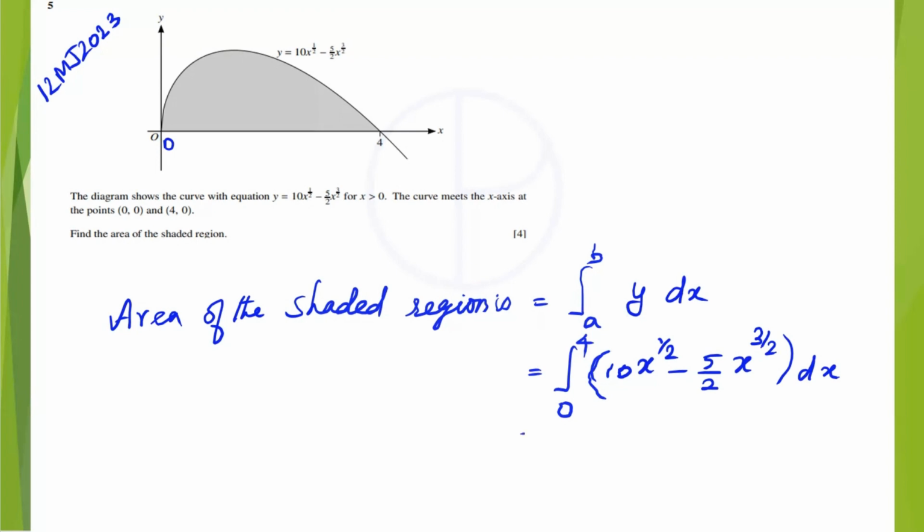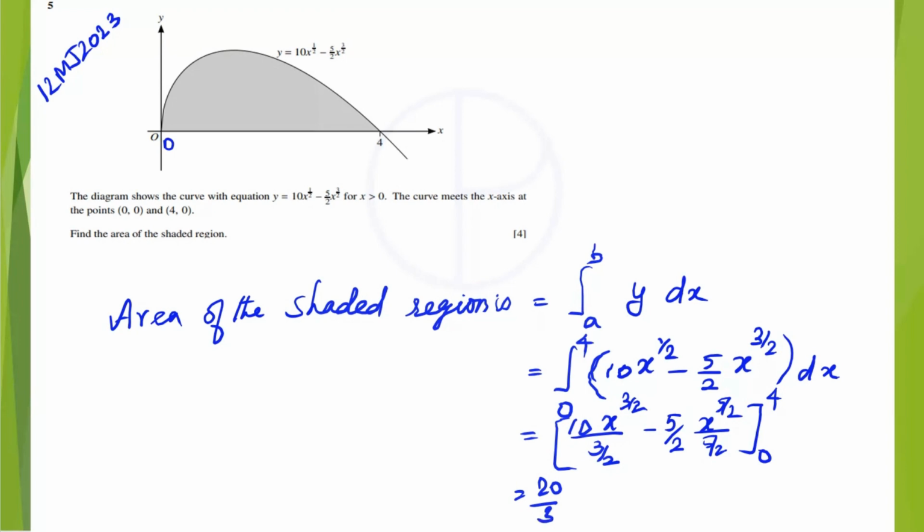Okay, let us integrate this one. 10 x power 3 over 2 divided by 3 over 2 minus 5 over 2 multiplied by x power 5 over 2 divided by 5 over 2. The limit is 0 to 4. 10 divided by 3 over 2 gives 20 over 3.